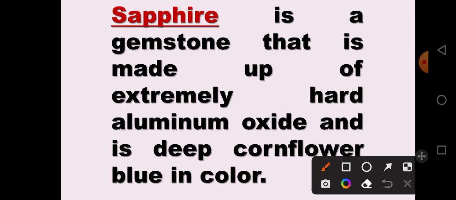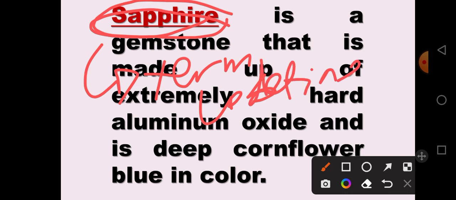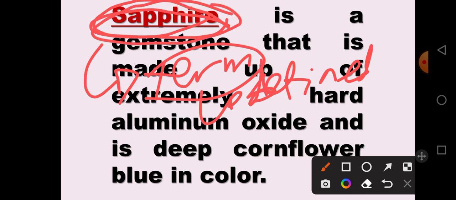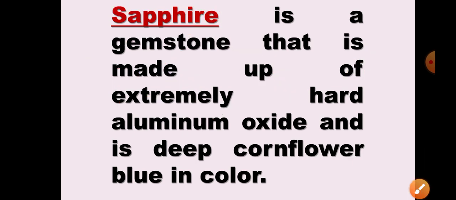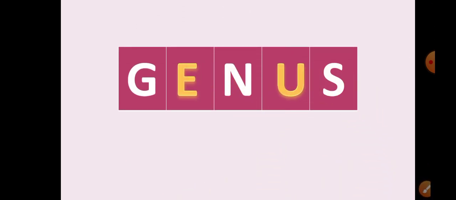Notice, class, the highlighted word. We have here the word sapphire. Sapphire here is the term being defined, the term that will receive the description or the definition. What do we call the term that is being defined in a sentence definition? It is known as the genus.